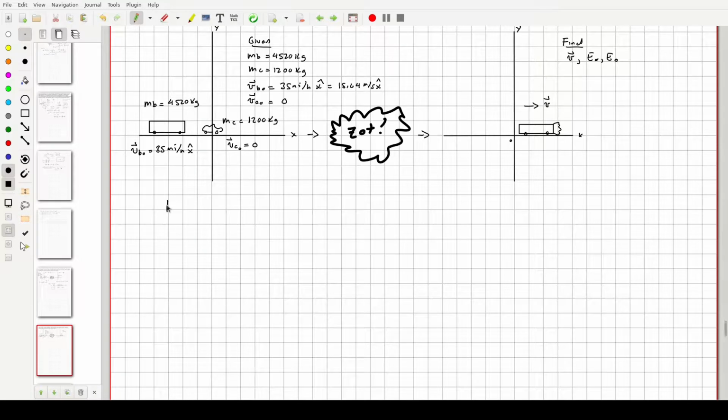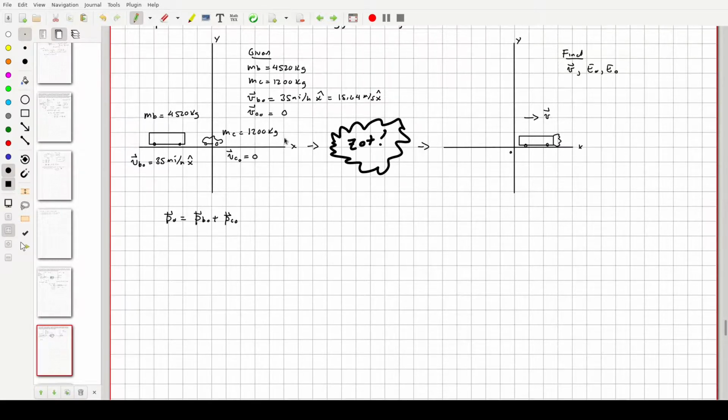Again, we have an initial momentum. That's going to be the initial momentum of the bus plus the initial momentum of the car. But your car's velocity is 0, which means it has no momentum, since momentum is just m times v. So our initial momentum is the mass of the bus times the bus's initial velocity.